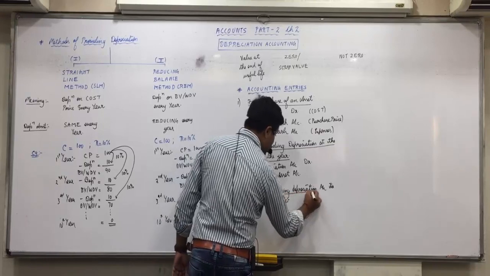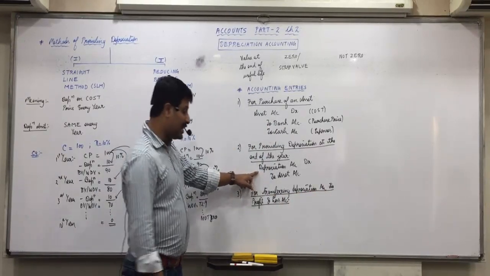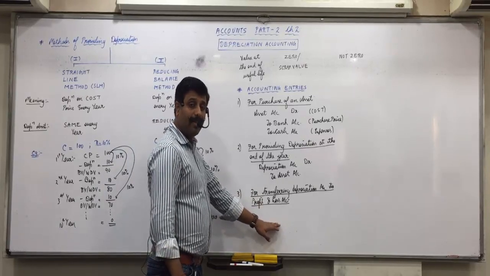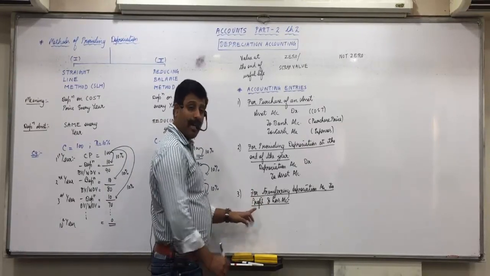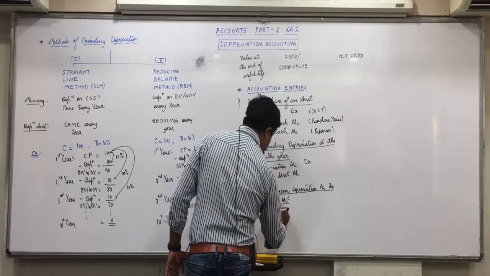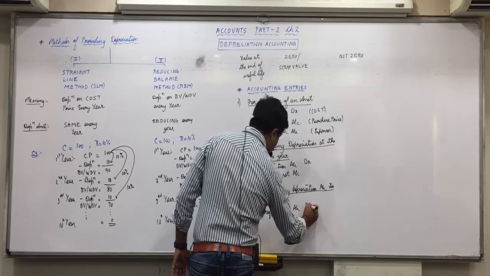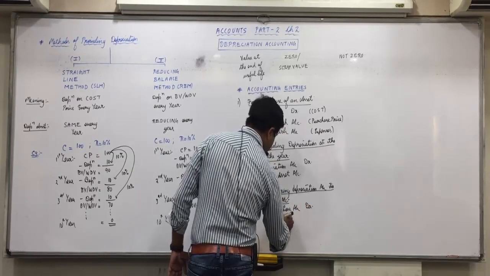Depreciation just now we debited. So to close it, what will we do? Reverse and credit the depreciation. And which account will you debit? Profit and loss. You transfer it to profit and loss. So profit and loss account you will debit to depreciation account.